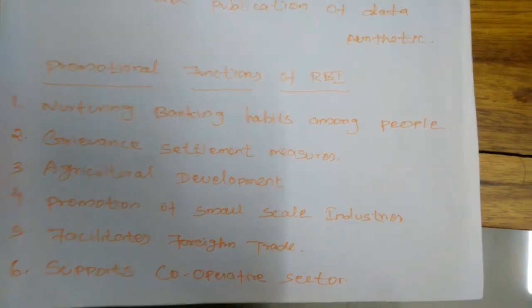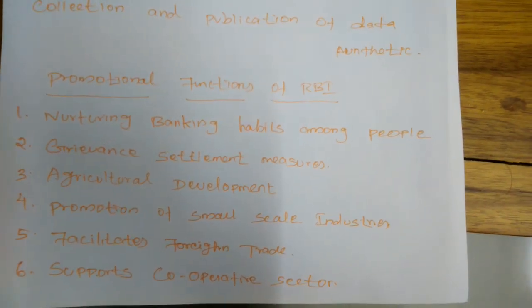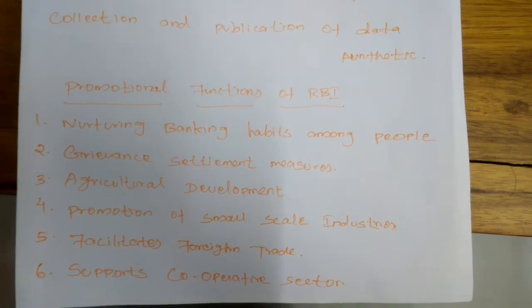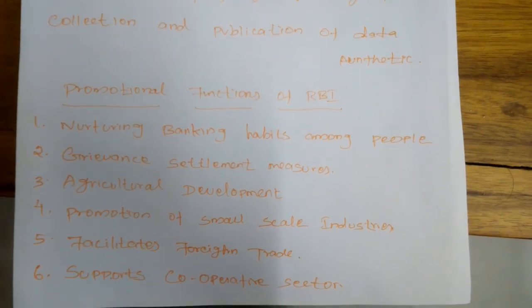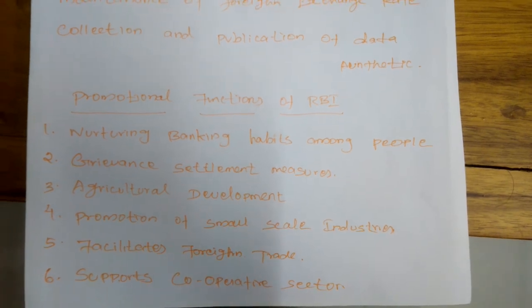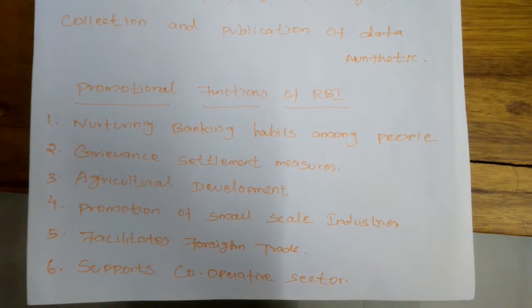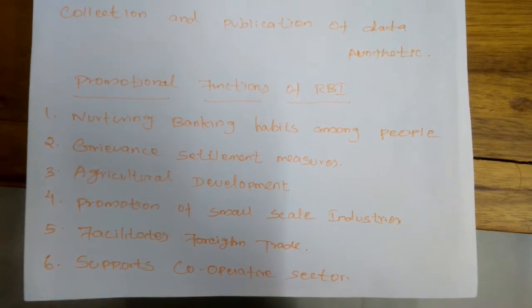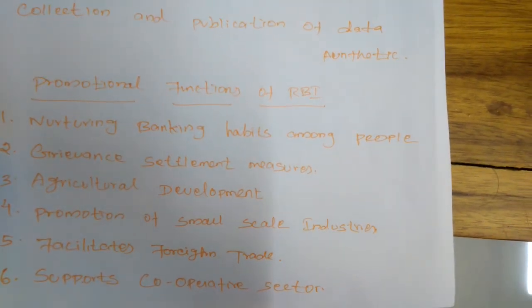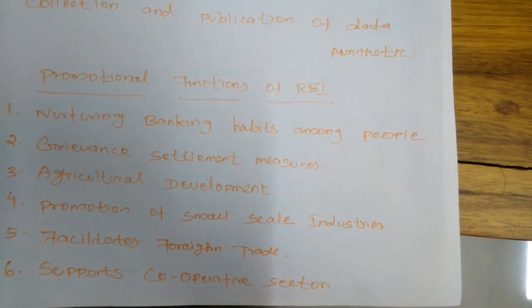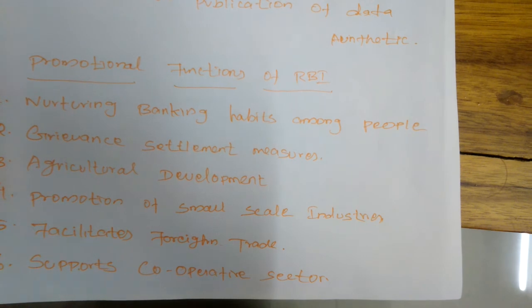If you consider the cottage industries and the small scale industries, all types of raw materials come from the primary sectors. The wastage of the primary sector is also used in the cottage and small scale industries. So the RBI also focuses on the development of small scale industries.